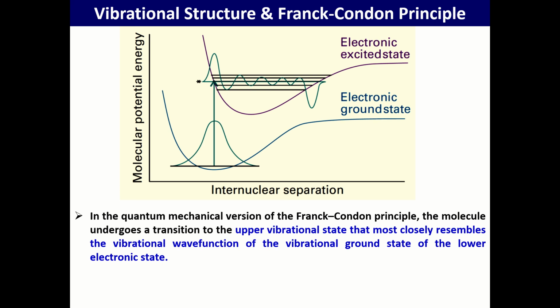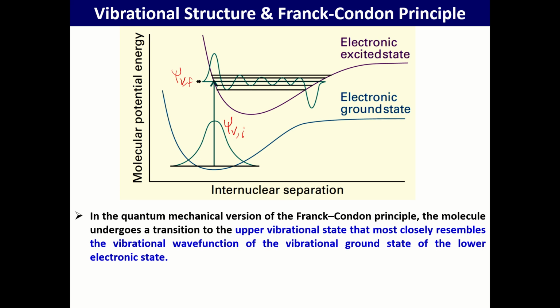So when you are writing this, this is your vibration for psi. If you write the vibrational wave function initial, and this is psi f, psi v comma f, final.